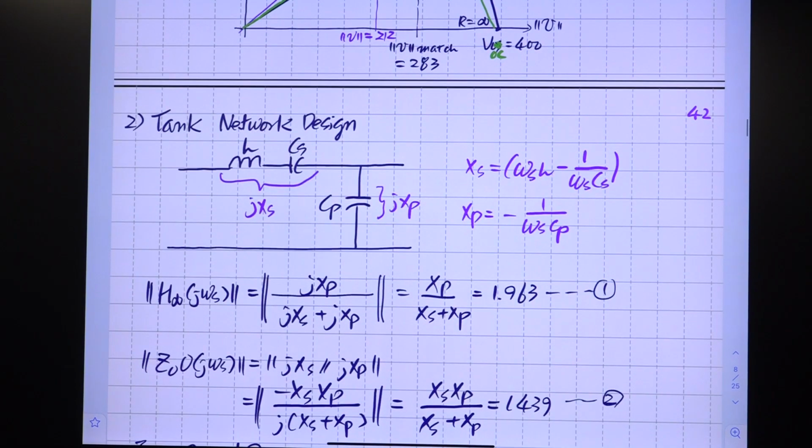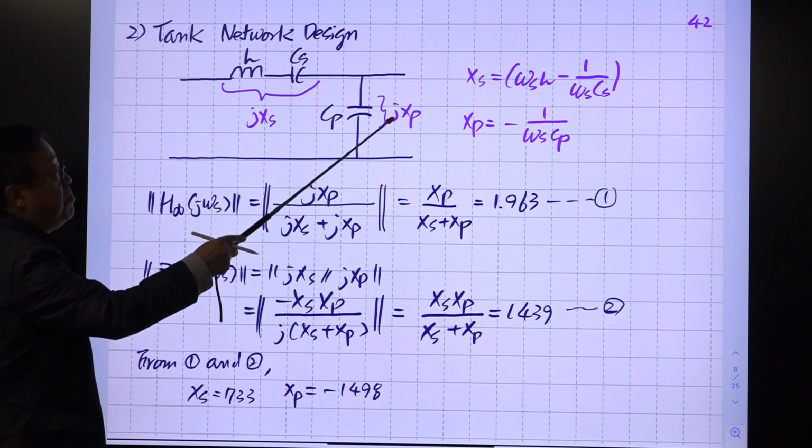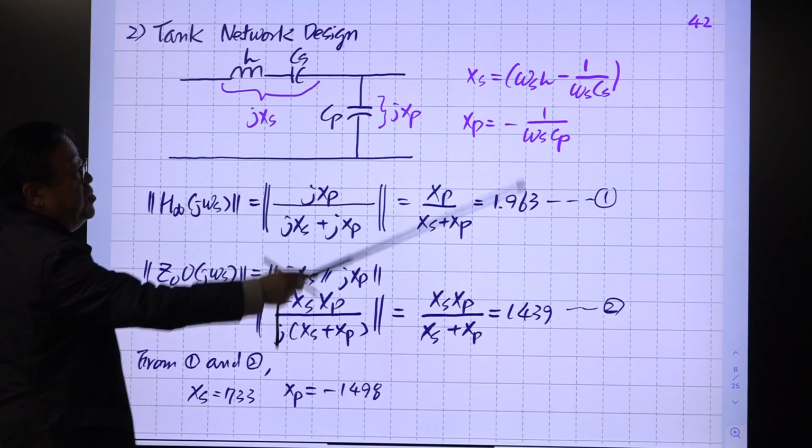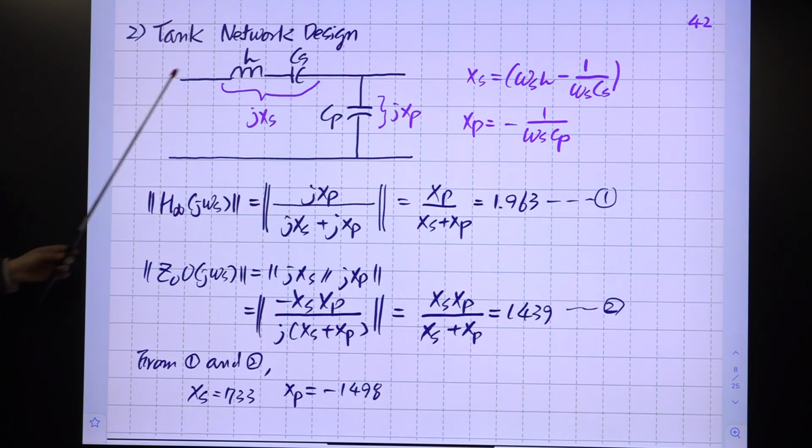Okay, so the next one is tank design. This is the LCC tank. The LCC tank has L, series capacitor CS, and parallel capacitor CP. The impedance of the series branch is jXS, S meaning series, and of the parallel branch jXP, P meaning parallel. This is the magnitude of the voltage transfer gain at R equal to infinity, so the output is open.